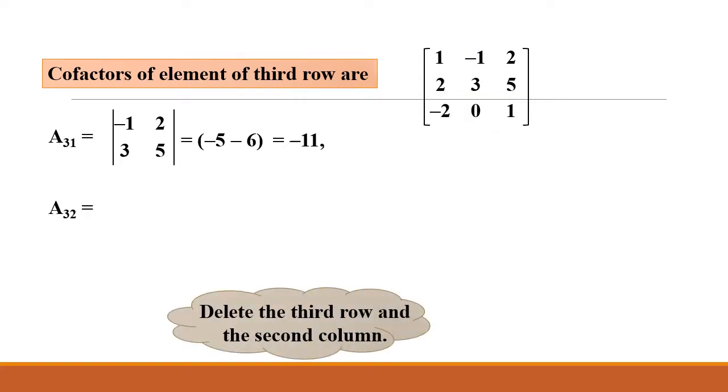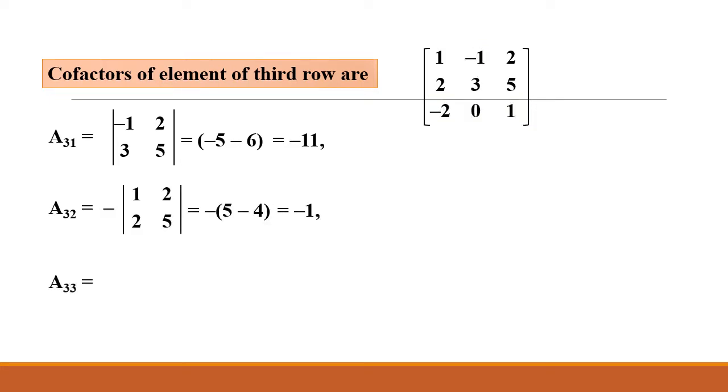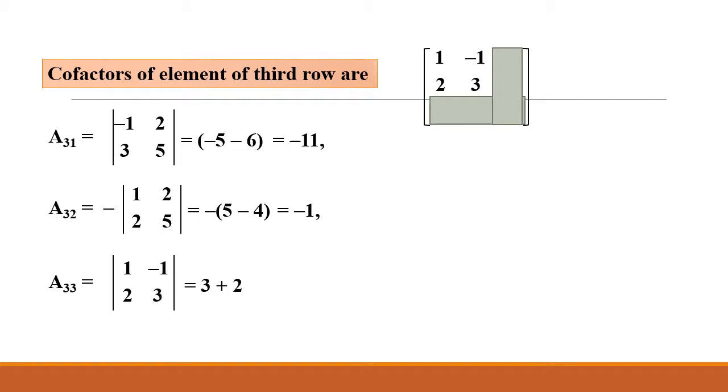Next, A32, 3 plus 2 is odd, so negative sign into the determinant [1, 2; 2, 5], we get minus 1. A33, 3 plus 3 is even, so the determinant [1, -1; 2, 3]. On simplifying, we get 5.